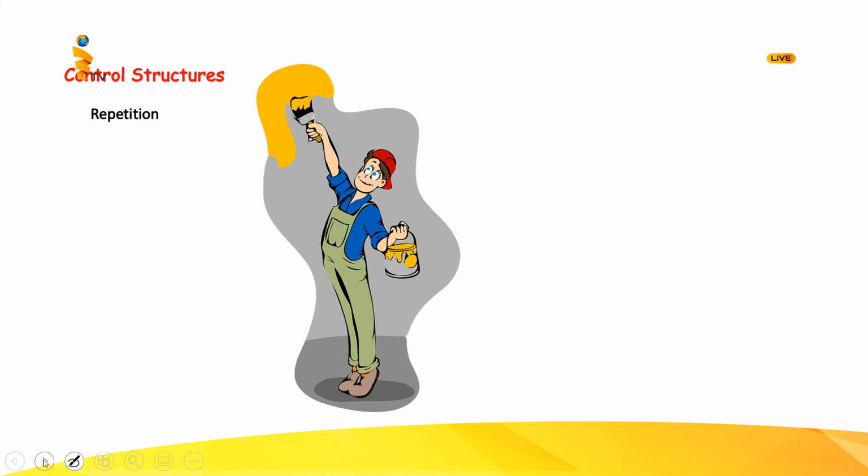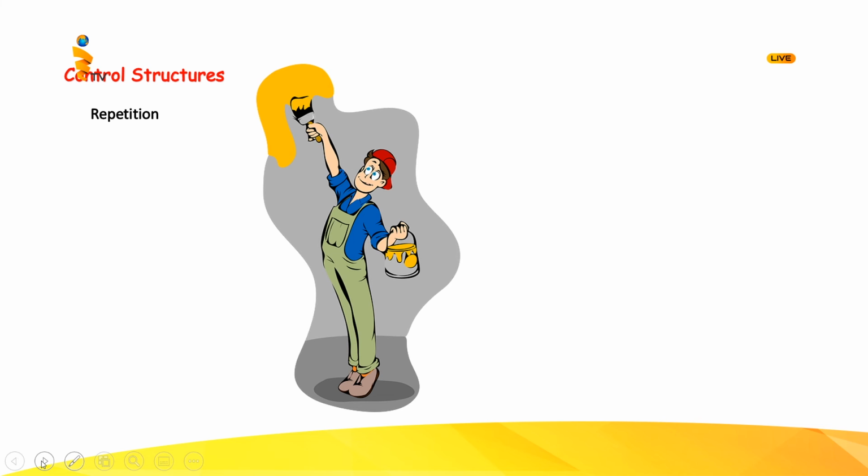So our last control structure is repetition. Now here look at the diagram. What is this person doing? He is painting a wall. This kind of action, he has to do again and again until he has painted.